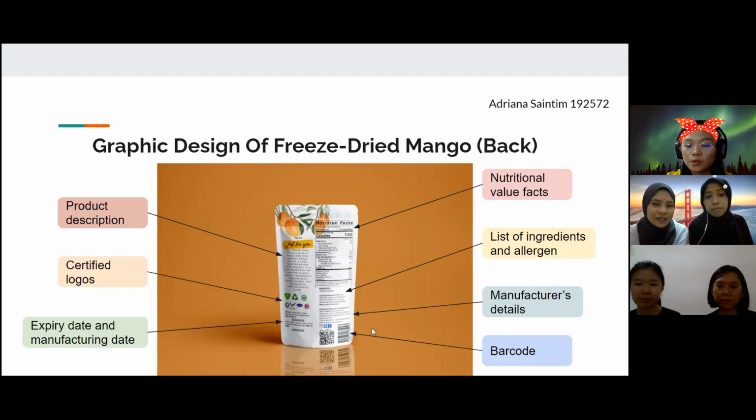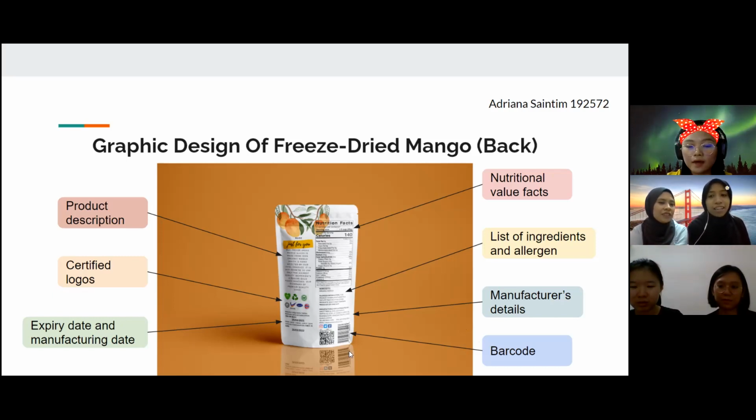And also we have included the social media account, because right now online shopping is booming and e-commerce is very advanced, so social media is a platform for us to promote our products.